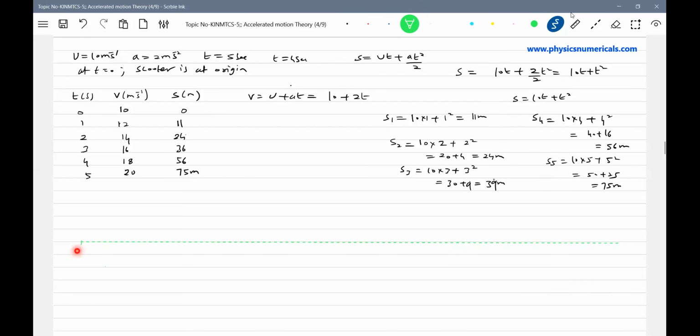This point is S equal to 0. 75 meter is there, no? We'll divide this interval into 20, 40, 60, this is 80. At various instants of time, we'll locate where the scooter will be, and the position will indicate the time also. T equal to 0, T equal to 1 second, it will be at 11 meters.